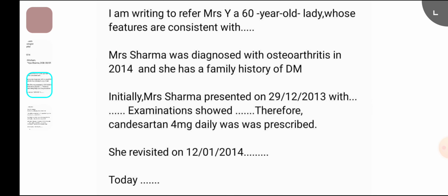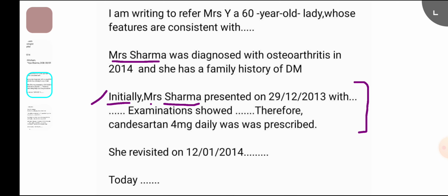Now coming to the visits paragraph. So always start from initially, keep it simple. Initially, Mrs. And up to now over here you have seen that I have written the name initially. When you start a paragraph, try to write the name of the patient, at least up to your first visit.